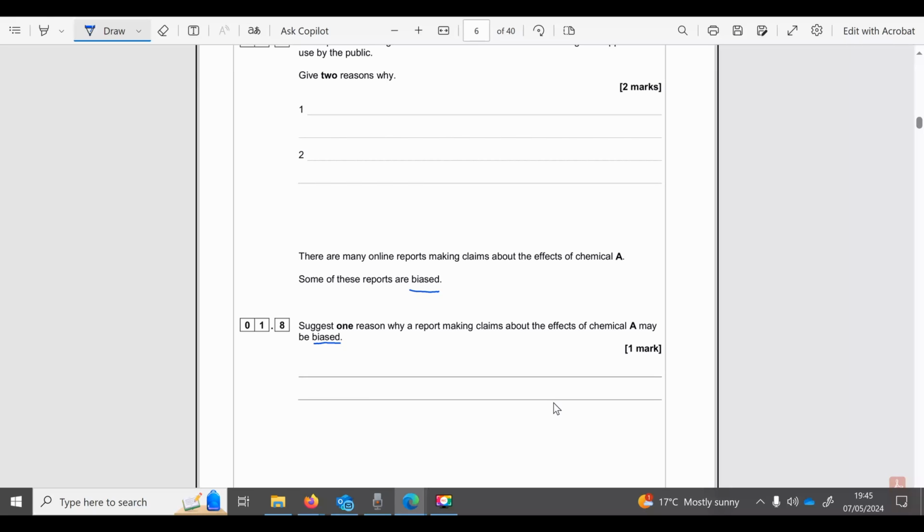Well, maybe they are benefiting from it in some way. If someone writes a report and they want to say that something is very, very good and has a good use, they may be wanting to sell it. So they would like to make a profit.